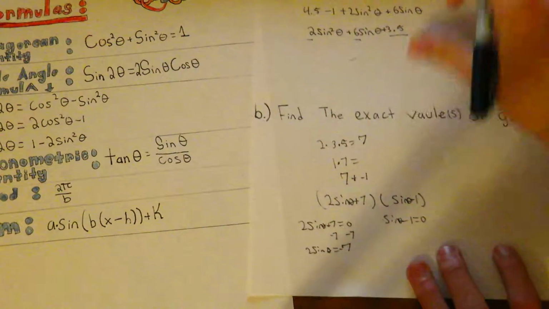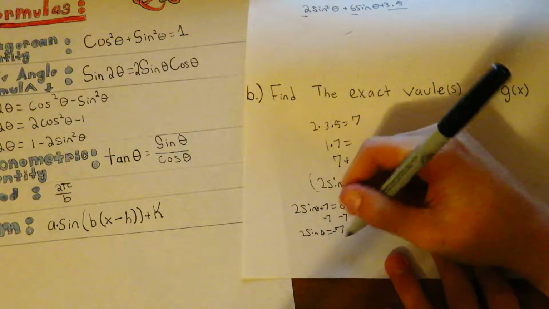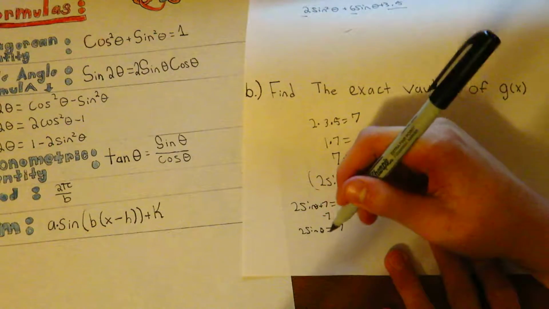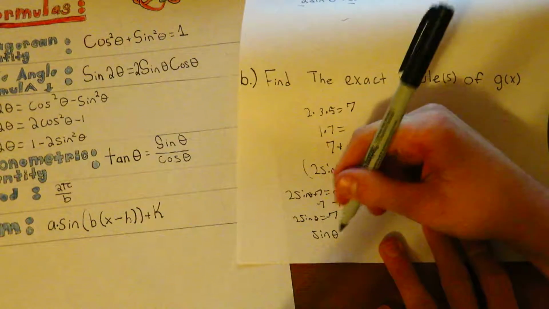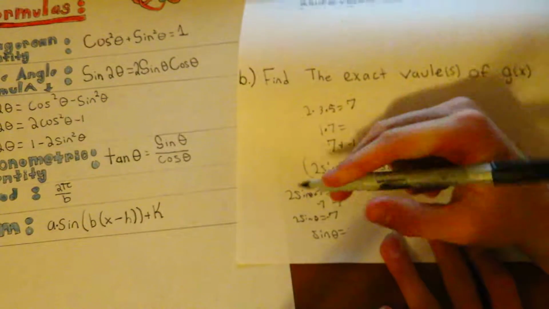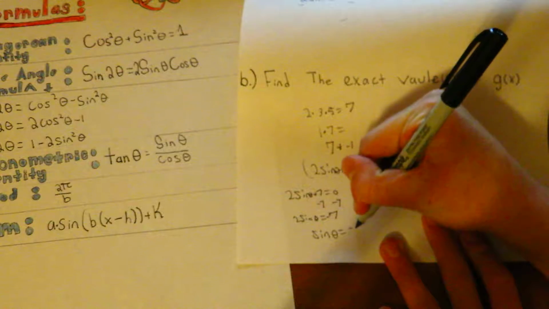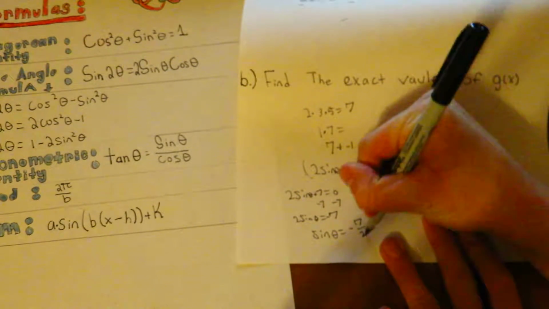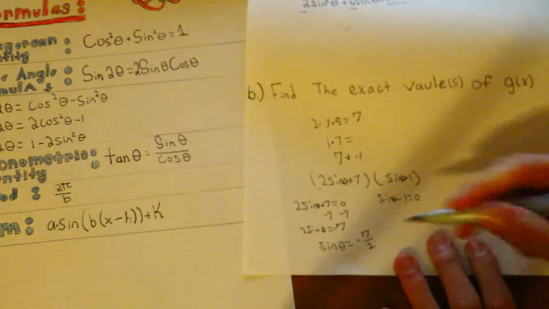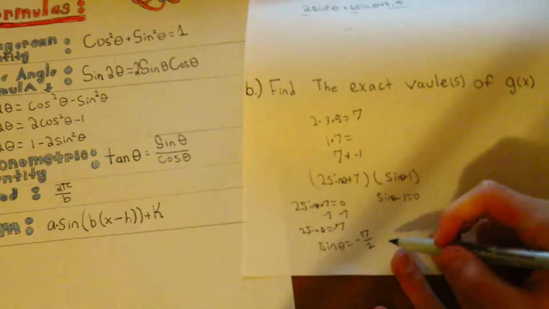Then divide negative 7 by 2, and you have sine theta is equal to negative 7/2.